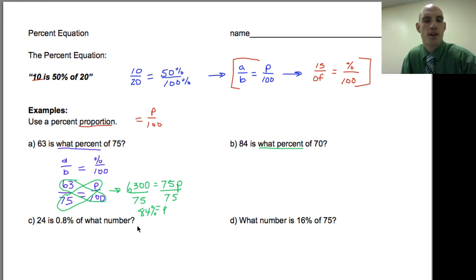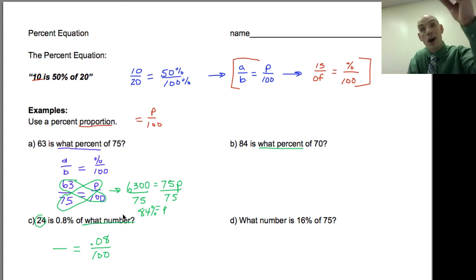In letter C, notice we're given something a little bit different. Now we are given the percent, and I shouldn't be afraid of having a percent as a decimal because it's still going to be 0.08 out of 100, right? Because that's my percent out of 100. And I have 24 of what number? Out of what number?